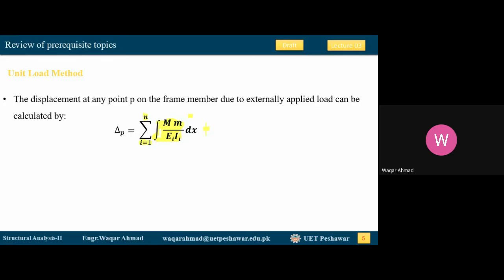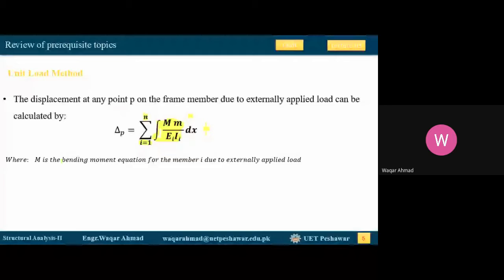Now, you know the i, you know the n. So what is this capital M? This capital M is the bending moment equation. It is in terms of some unknown length. We sometimes denote that length by x. So you write the bending moment equation for the member under consideration, member i, in terms of x.